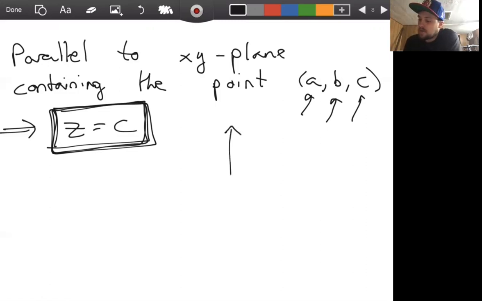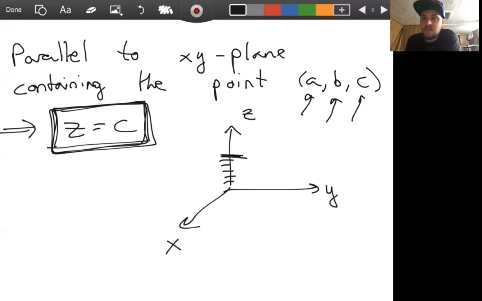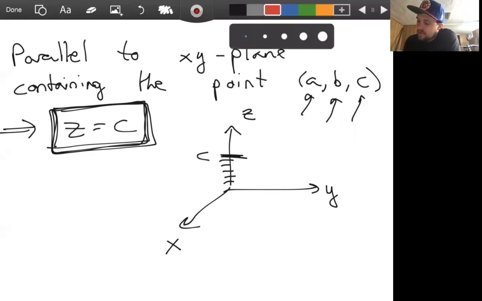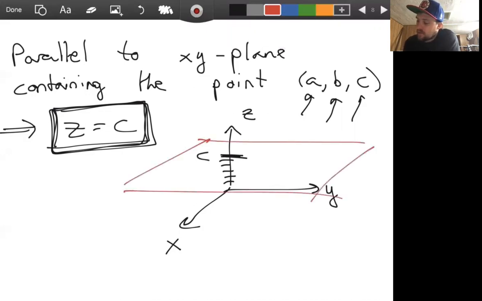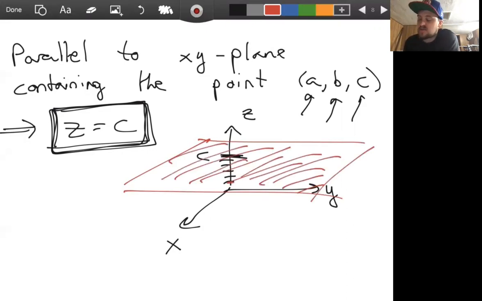So what does that mean? When I look at a picture here, I have X, Y, Z, and somewhere I hit the height. You can think of Z as a height. If X and Y is a flat plane, meaning the XY plane corresponds to Z equals 0, then we get up to some height here. The equation Z equals C means we've taken a parallel copy of the XY plane and shifted it up or down C units.